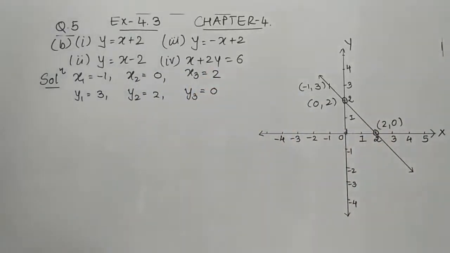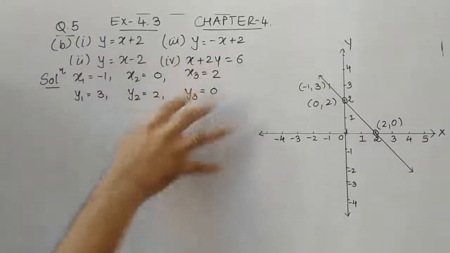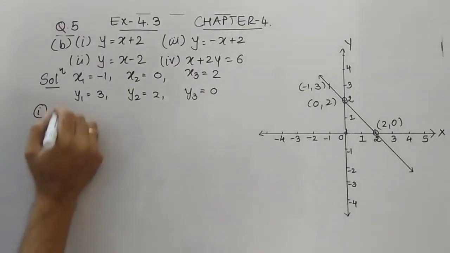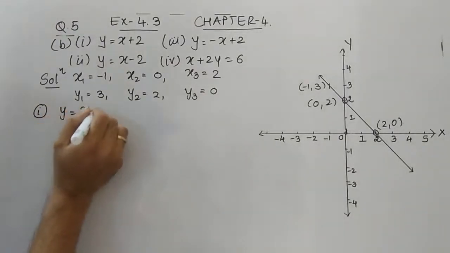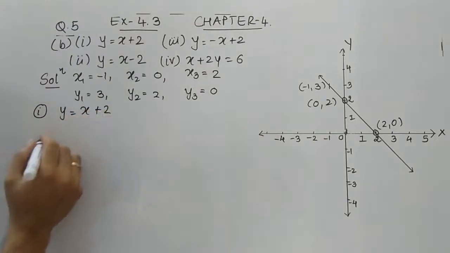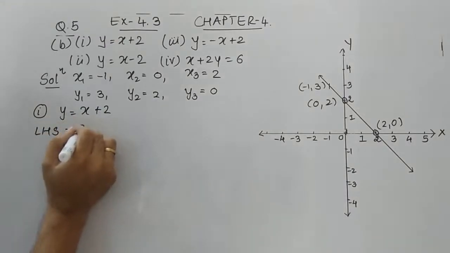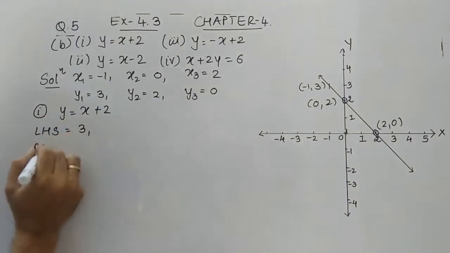So now let us find out which of these equations satisfy these values. Let's go for the first equation, y is equal to x plus 2. If I substitute y1 as 3, the left hand side is 3. So what would be the right hand side?